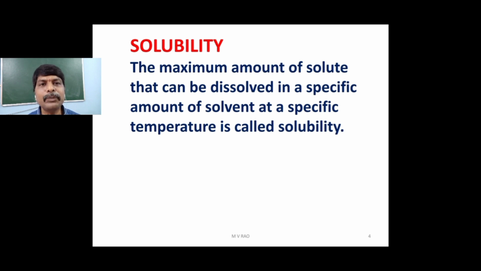Here temperature is fixed, constant. At a specific temperature you take a specific amount of solvent. In that solvent, that maximum ability of solute that can be dissolved is called solubility.